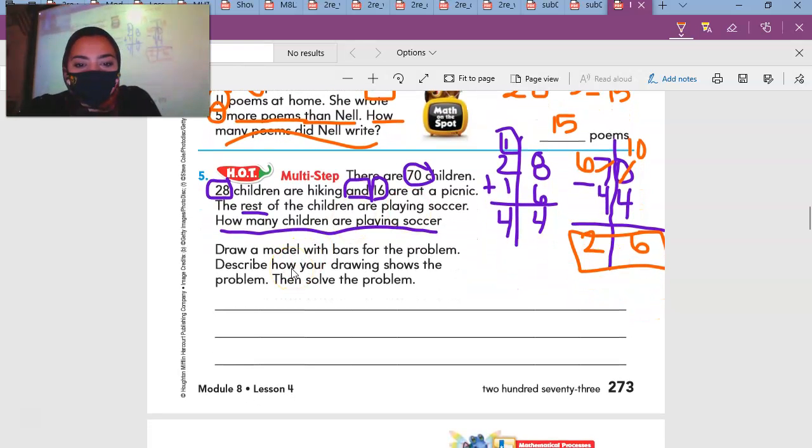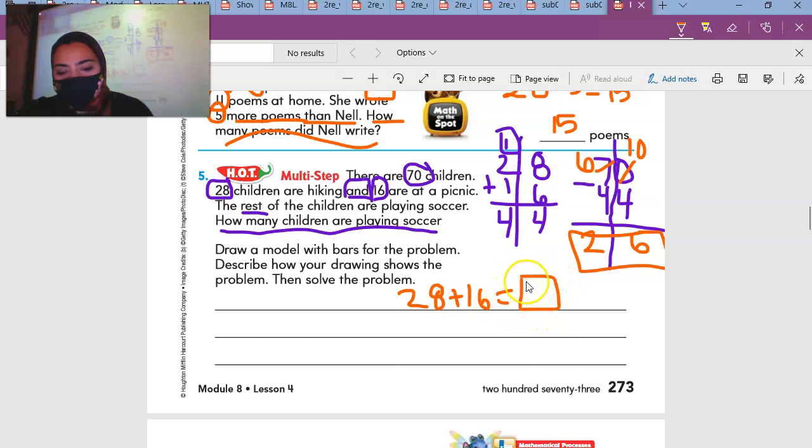Now, draw a model with bars for the problem. Describe how your drawing shows the problem. Okay, so let's do that. So the first step we did was what? We did 28 plus 16 equals, and then 44 equals empty box, but we solved it, so it equals 44.